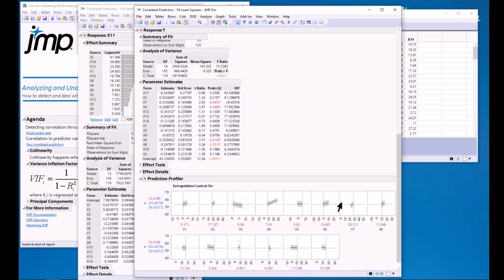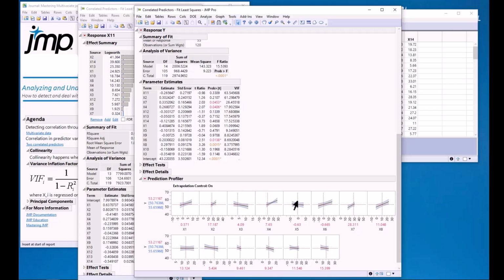And out here, I don't have data. So with extrapolation control turned on, it's not showing me those regions. So that's pretty cool. There's also a warning feature. So now we have 3 ways of detecting collinearity problems. We've got variance inflation factor, we've got the beautiful leverage plots, and we have the prediction profiler.